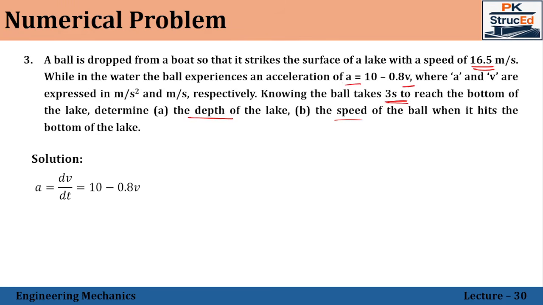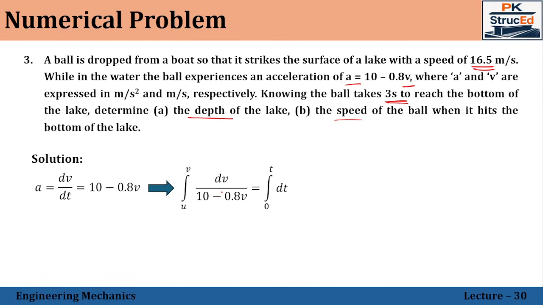Again, we are supposed to calculate the velocity at some time intervals, so we take a equal to dv by dt, which is equal to 10 minus 0.8 v. Bringing v on one side and dt on the other side and integrating, we have dv by 10 minus 0.8 v equal to dt, with limits u to v and 0 to t.